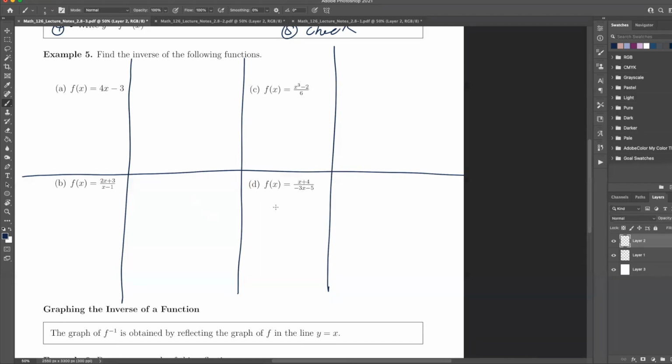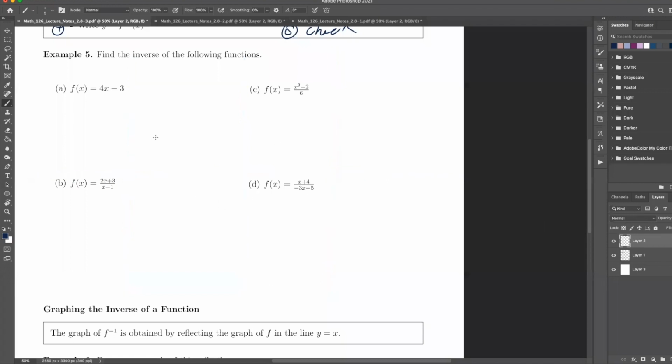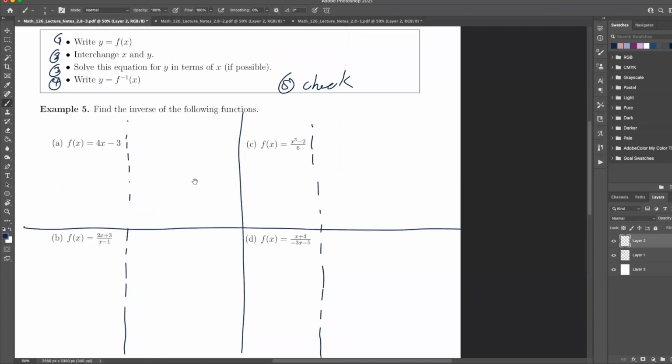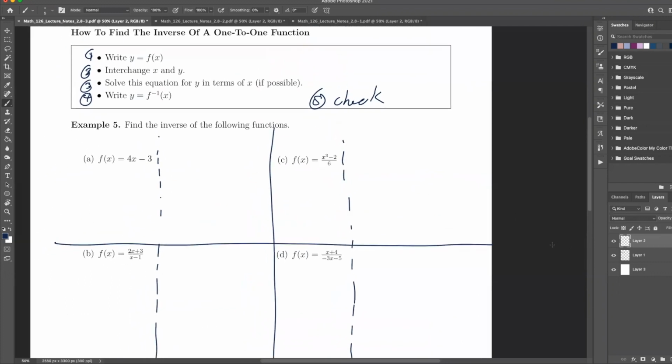Okay. That way I can clearly, actually, you know what? Let me make this a dotted line. And this one a dotted line. And this is a solid line. No, it's all lines, so that makes it a little bit more clear what section I'm in. Okay. All right, so let's do this. I'm going to slowly work through these with you.